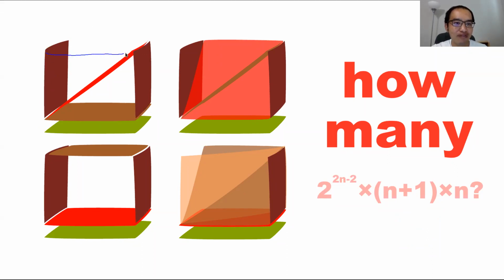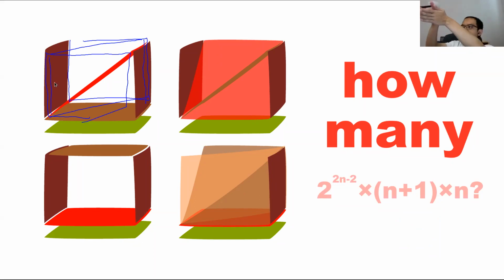Okay, you can have the front face, you can also have the back face, you can also have the diagonal like this, which is still vertical, but it's a diagonal crossing the entire cube space. So the only constraint is that faces need to be vertical.